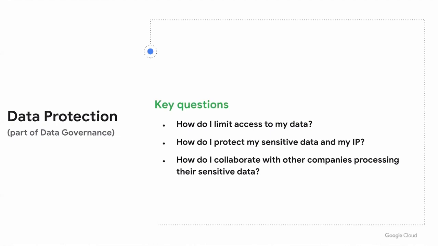They also at times want to protect their sensitive data and their intellectual property. And at the same time, organizations don't want to limit their ability to collaborate on data with external parties. And we're precisely going to give you a blueprint to answer these questions for your organization.